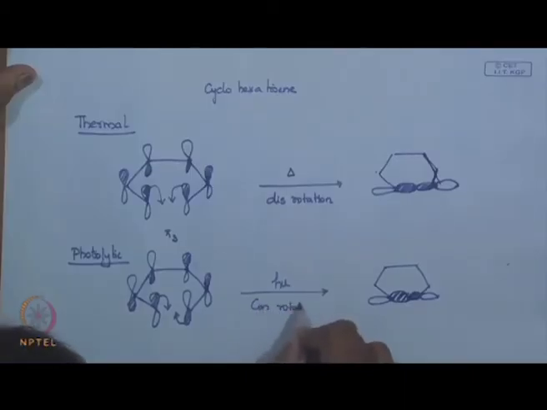Again, if you remember what happened in your 4n system, it was the opposite. In the 4n system, if you heat it, you end up with a con rotation, and if you shine light, you end up with a dis. But once you go to 4n plus 2 systems, you get the reverse. That means, when you heat it, you get a dis, and when you shine light, you get a con rotation.